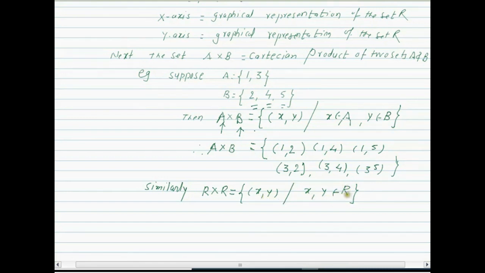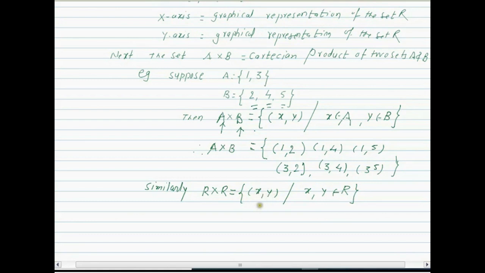There are an infinite number of points in R, or infinite real numbers. So x can assume an infinite number of values, and similarly y can also assume an infinite number of values from the set R. And this is an ordered pair formed by using these values.